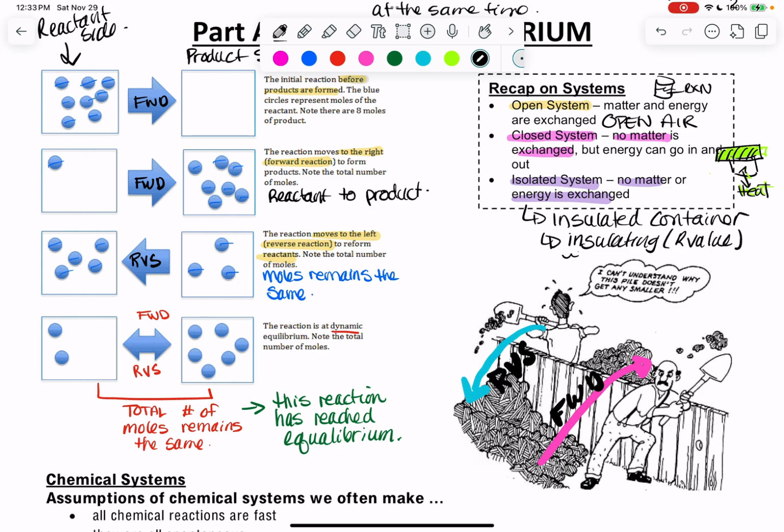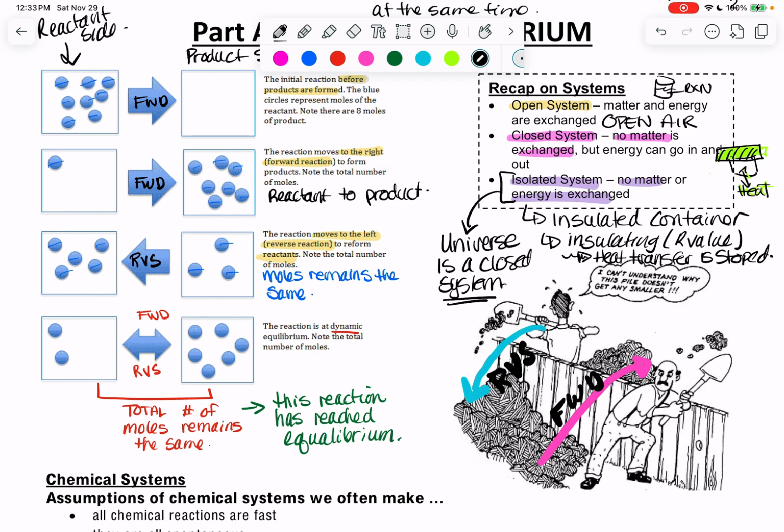And when we're talking about energy in these systems, typically we're talking about heat transfer. If you're a physicist, you can also say things like the universe is a closed system, because Earth can lose energy or gain energy, but the universe can't.